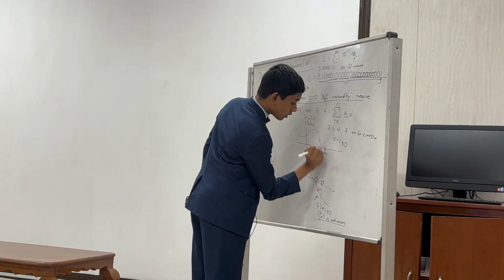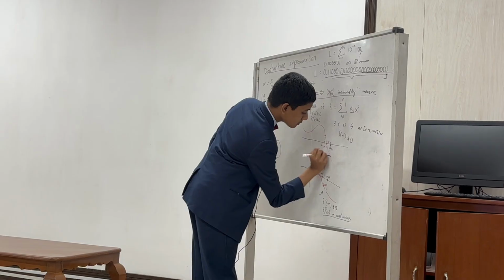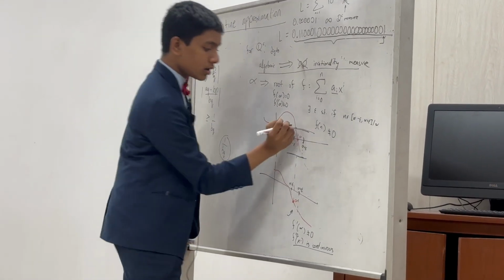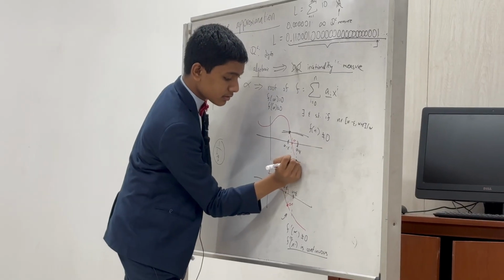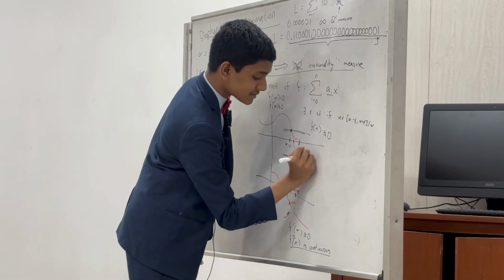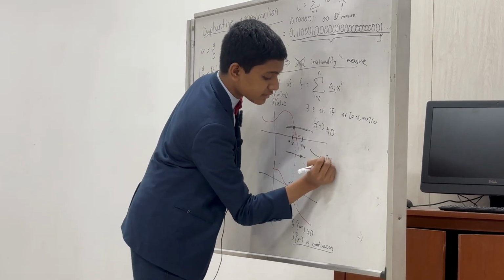So there will always be a bound on the values that the function can reach inside this interval because of the intermediate value theorem.